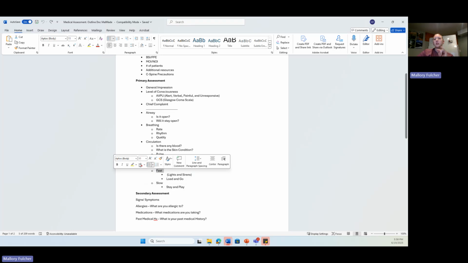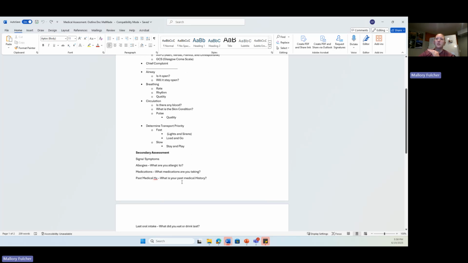If you're not working for a transporting service, this is where you would call in your radio report to the transporting service and say, hey, we've got a 65-year-old male patient here, alert and oriented times 4, complaining of chest pain. Currently, breathing rate is 20 and pulse is strong at the wrist, right? No vital signs yet. And then you move on to your secondary assessment.